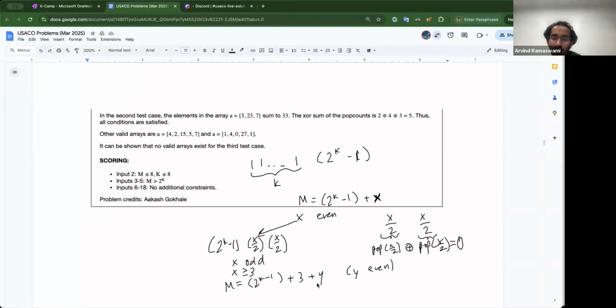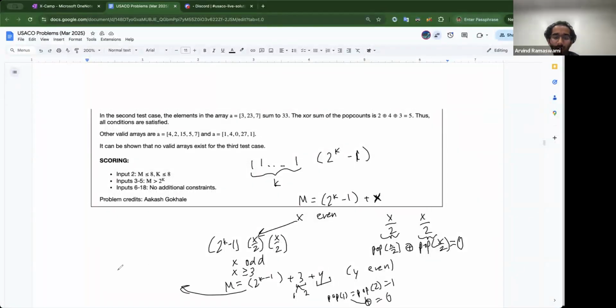So we know we can split y into y over 2 and y over 2 and contribute 0 to the XOR. You can also split the 3 up and contribute 0 to the XOR. You can split it up into 1 and 2, and pop 1 is equal to pop 2, which is equal to 1. So the XOR of this is equal to 0.